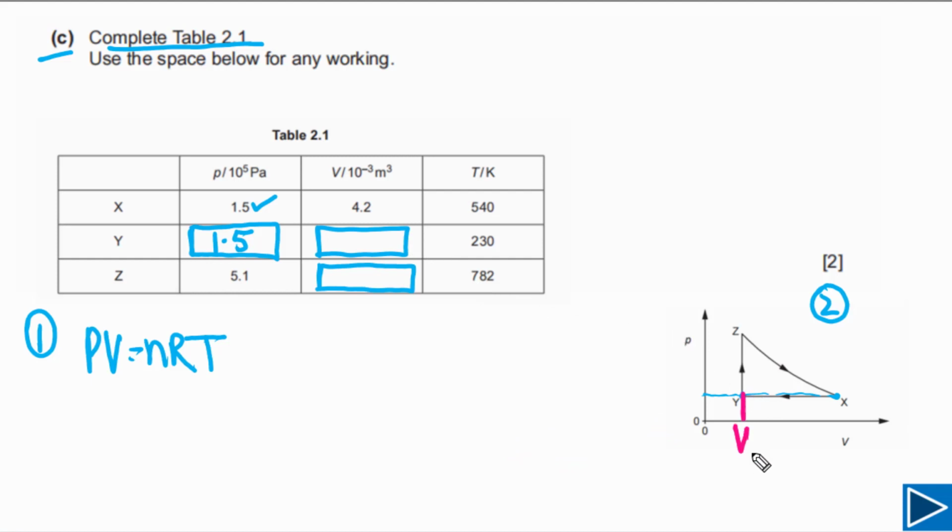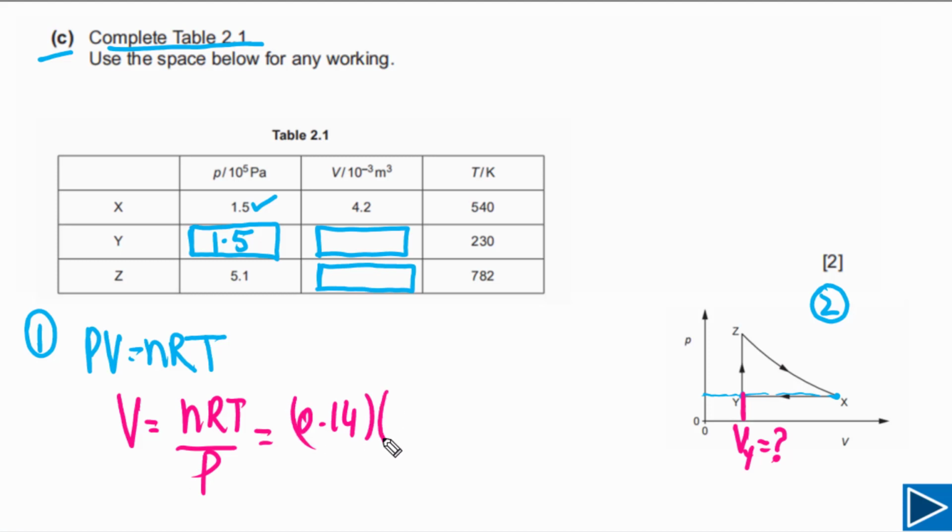So simply we can say this is Vy and we need to find out value of V at Y. For that purpose we have to use this ideal gas equation. We can say in this case V is equal to nRT divided by P. And we have already calculated n, that was equal to 0.14 moles and R is gas constant, so we can say this is 8.31 joules per mole per Kelvin and temperature is in Kelvin.